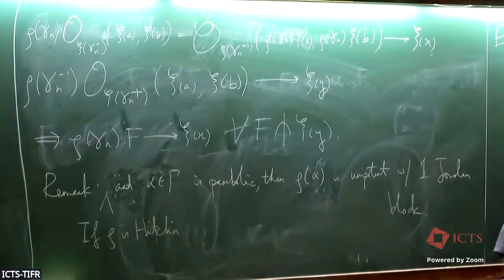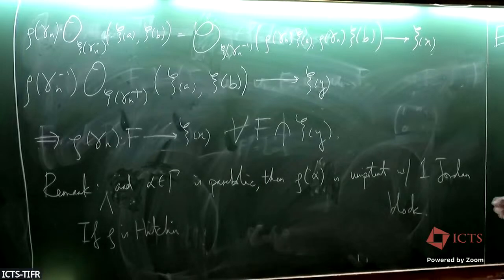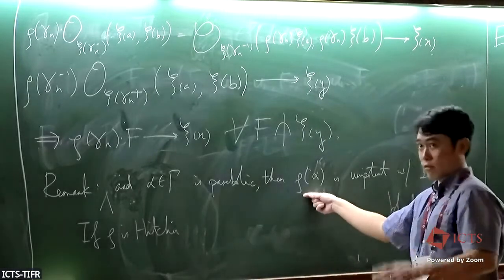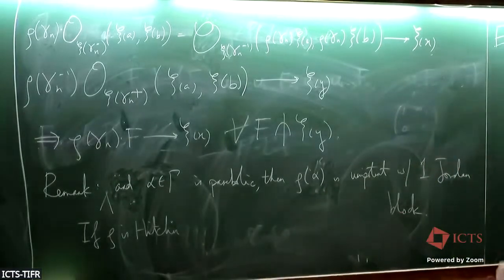The fact that you're K-transverse for every K only tells you that rho of alpha is weakly unipotent. But if you throw in positivity, you can improve that to show that the semisimple part is just the identity, and the unipotent part has a single Jordan block.